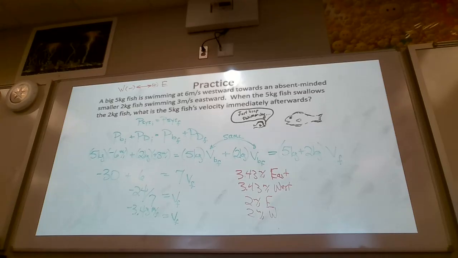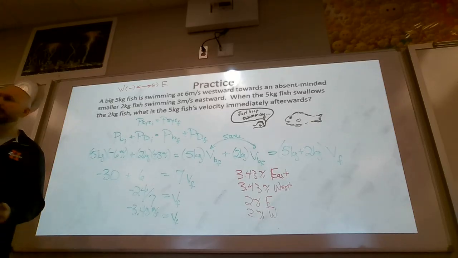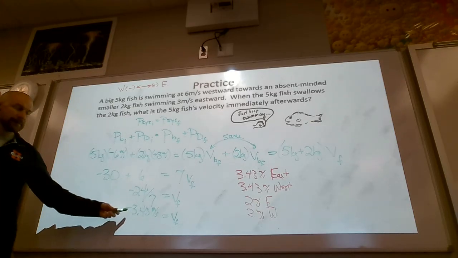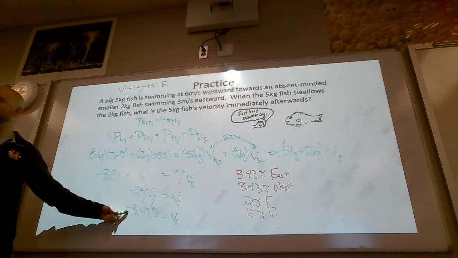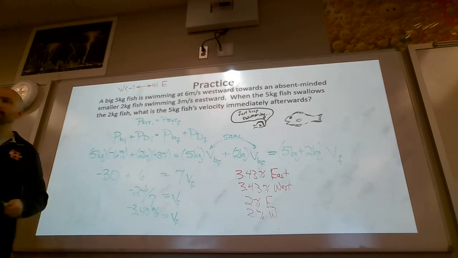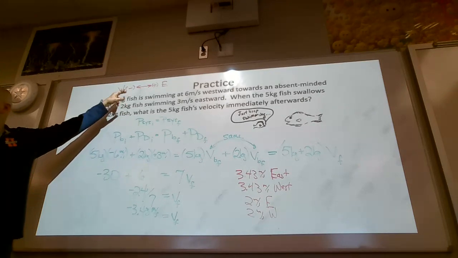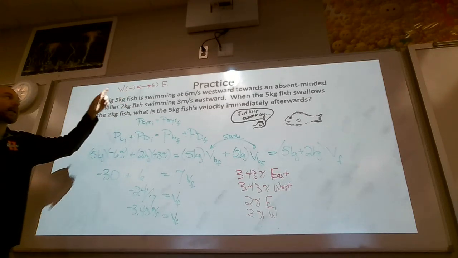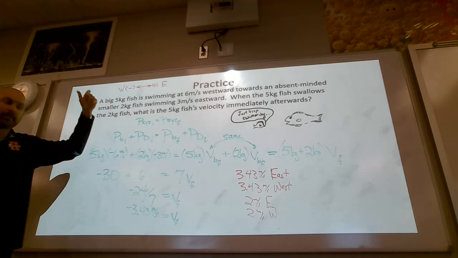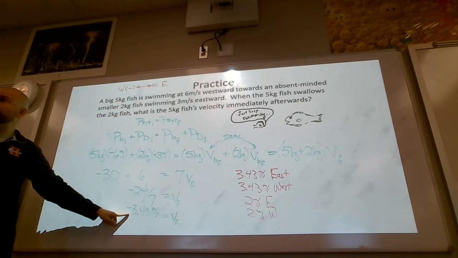So, looking at your answer, the negative sign corresponds with what? Westward. Okay? If you would have made west positive, this would have ended up being positive, and you would get a consistent answer of west.